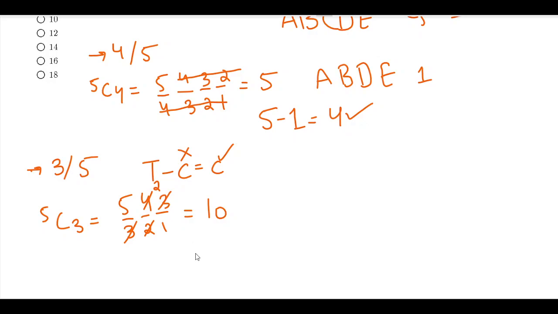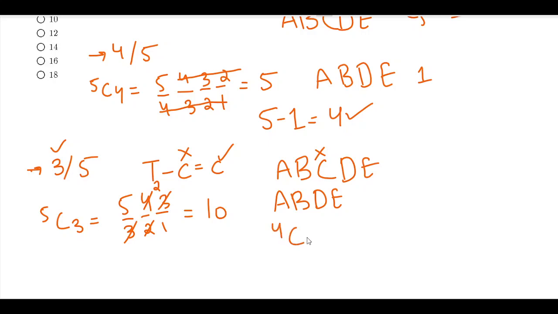However, I'm interested in a certain group which does not have C. So this is the total strength, right? A, B, C, D, and E. Let's cancel C out and make our strength A, B, D, and E. And now, since I can only pick 3 of them, I can use the combination formula again. 4 combination 3 is 4, 3, 2 over 3, 2, 1.